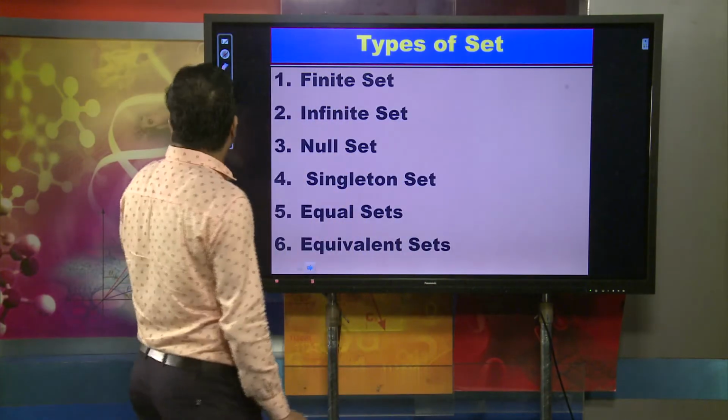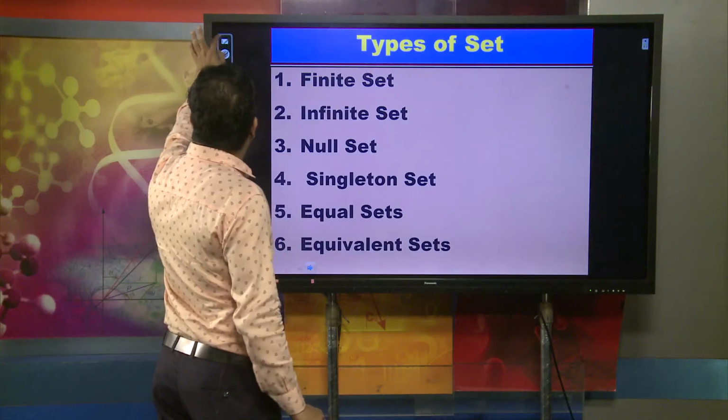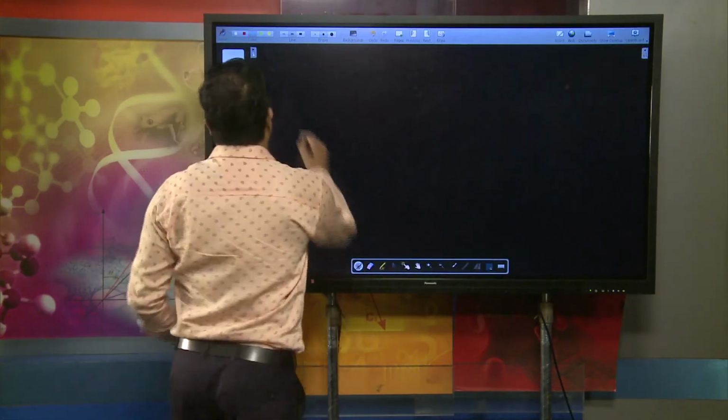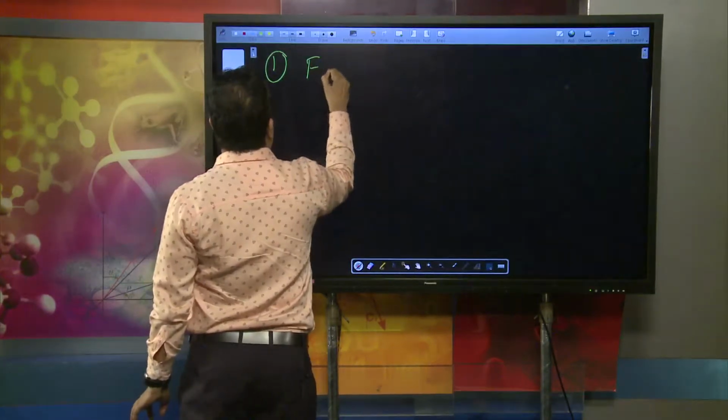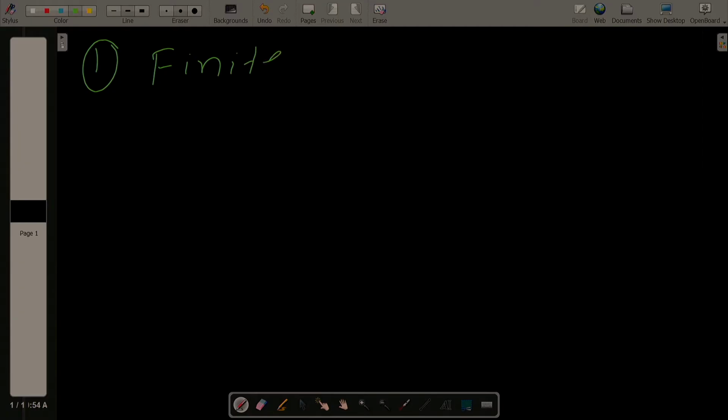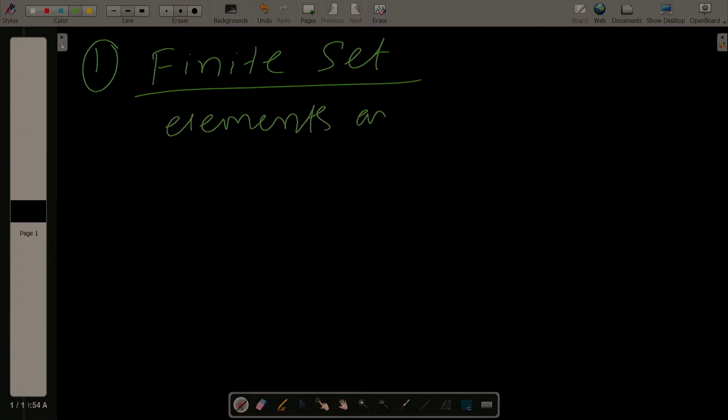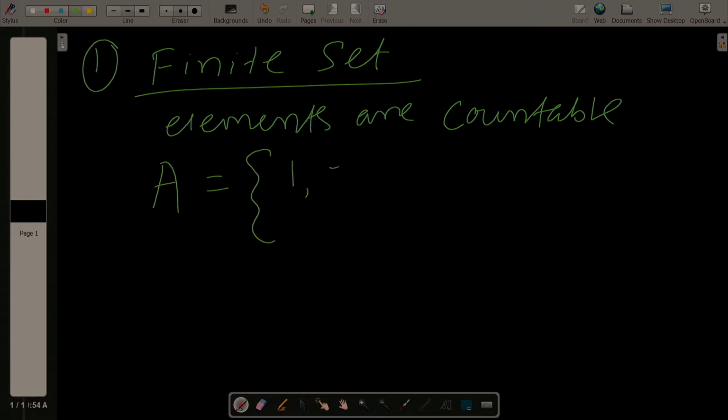For example, the first category of set is the finite set. When talking about a finite set, the elements are countable. Suppose A is the set and the elements are 1, 2, 3, 4, 5.